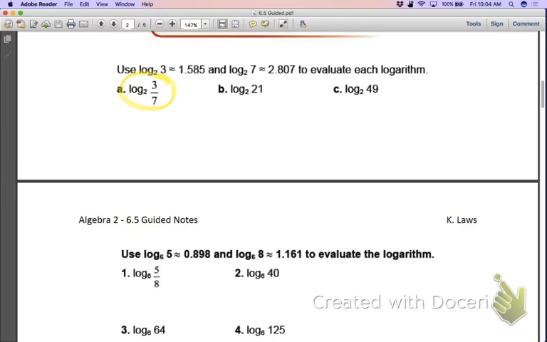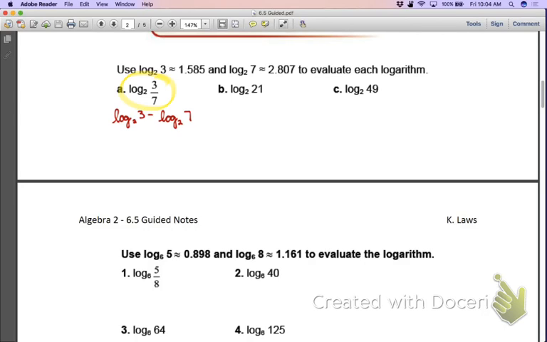Can't I just rewrite this as log base 2 of 3 minus log base 2 of 7? It's division, so we're going to subtract. Now, what value am I going to give for log base 2 of 3?